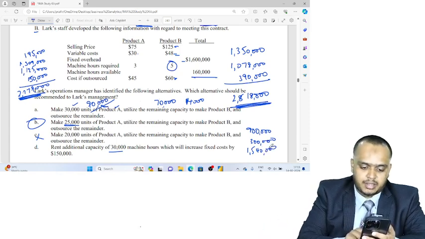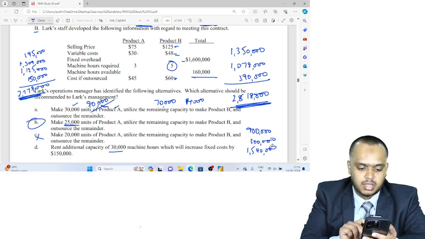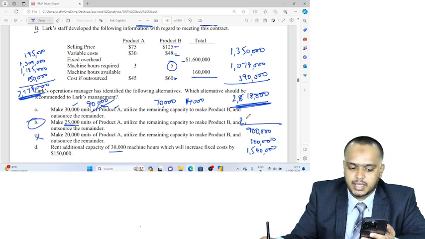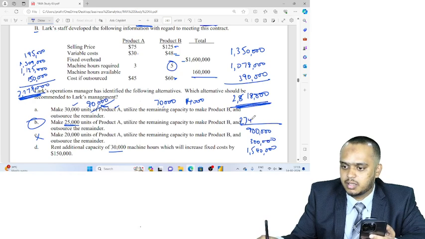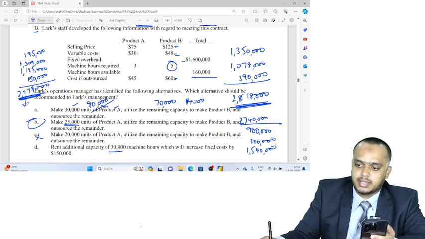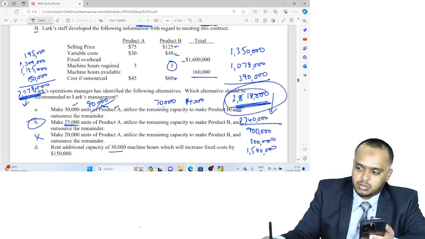Now 900,000 plus 300,000 plus 1,540,000 equals 2,740,000. So basically it was less than this only. It is less than this also. So my answer goes towards this only.